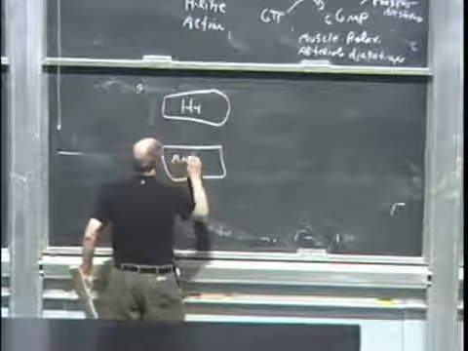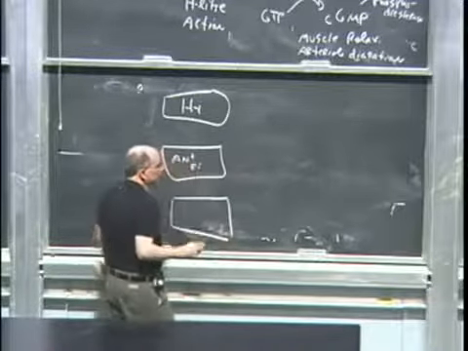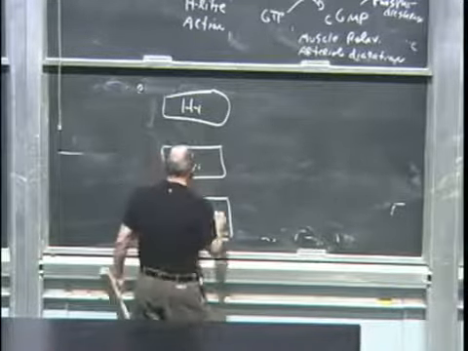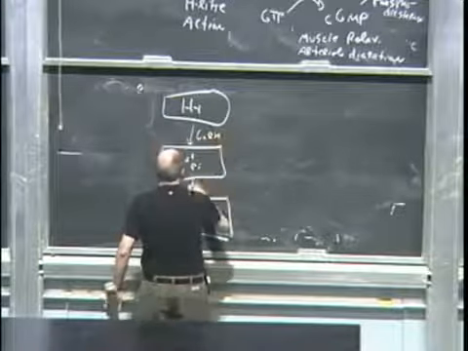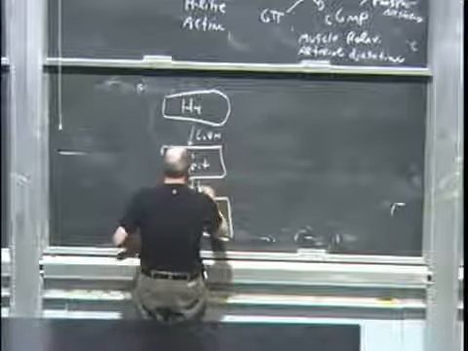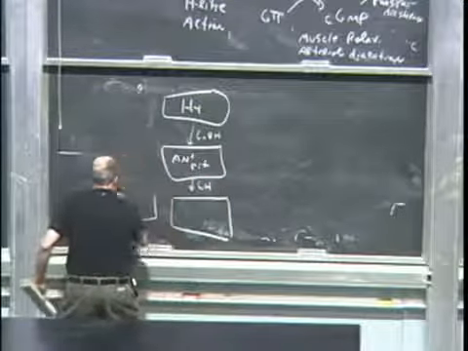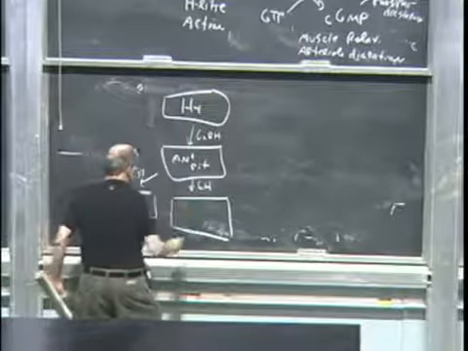This is the anterior pituitary. And this is the Leydig and Sertoli cells. So GnRH activates the anterior pituitary, which activates, in this case, LH and FSH in the Leydig and the Sertoli cells.